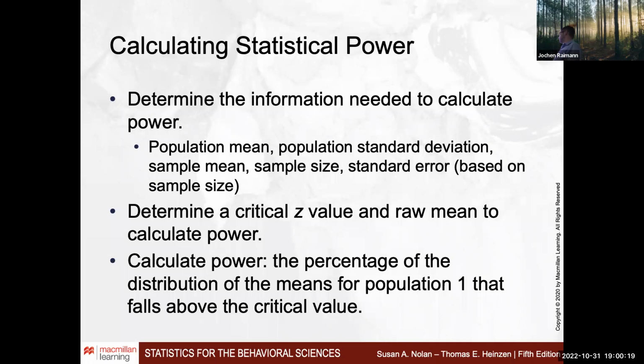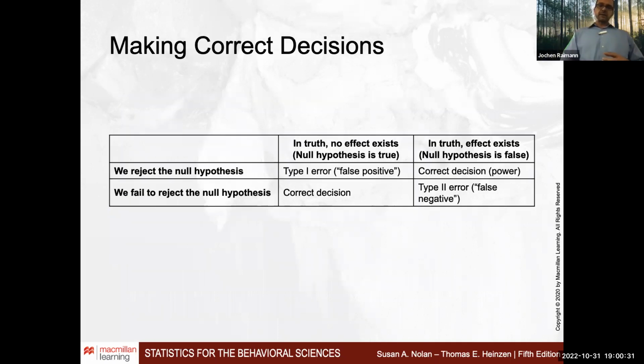This is basically the percentage of the distribution of the means for population 1 that falls above that critical value. So you quantify by that the probability of running into type 2 error, and you then aim for statistical power.